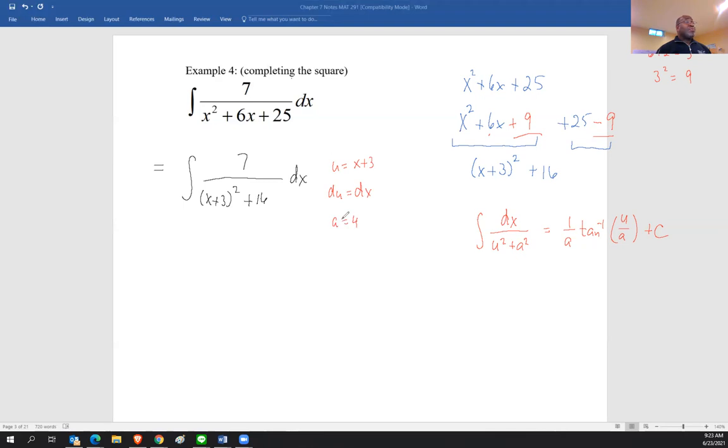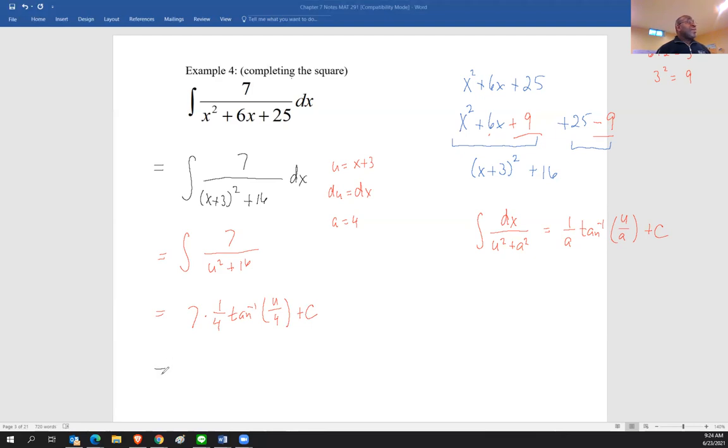And so now, just follow the formula. Let's go ahead and write it in terms of u. So if we do that in terms of u, this will be 7 over u squared plus 16. 7's a constant, bring that out in front. So we have 7 times, and then we use our inverse tangent formula. So it'll be 1/4 times the inverse tangent of u over 4 plus c.